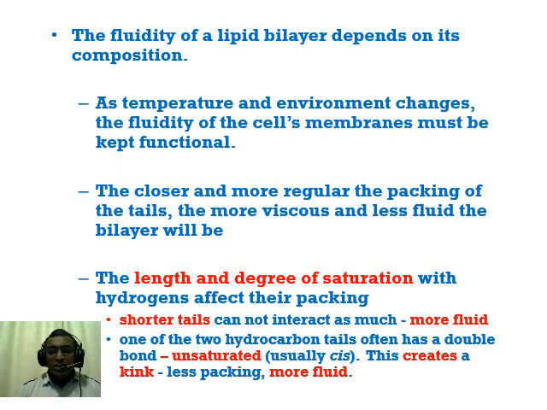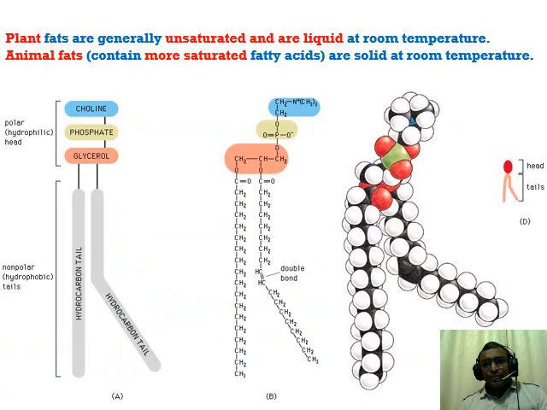So this is the effect of the length as well as the degree of saturation. This is just to revisit what we already spoke about. That is, in plants there is more unsaturation, and in animal fat there is more of the saturated type of fatty acid.